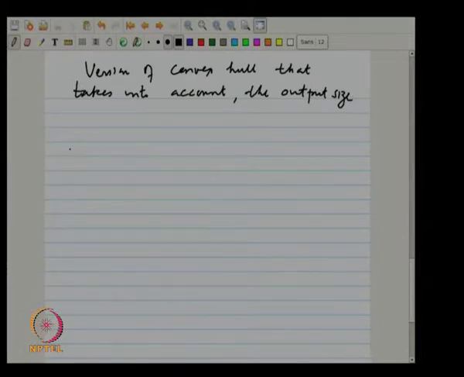Given a set of n points, we talk about 2-dimensional convex hulls. If you can get a lower bound on 2-dimensional convex hulls, it automatically implies lower bounds for higher dimensional convex hulls also.